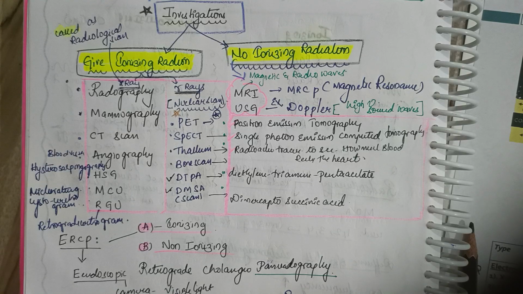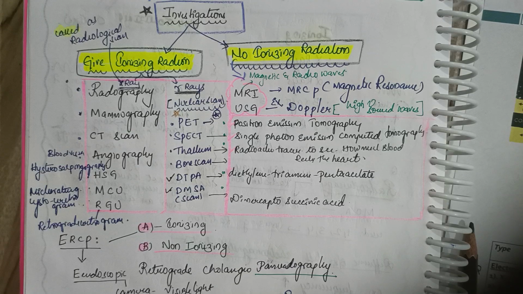Next you have thallium, a radioactive tracer to see how much blood reaches the heart. And you have a bone scan, and you have DTPA, diethylene triamine pentaacetate. Then you have DMSA, that is dimercaptosuccinic acid.